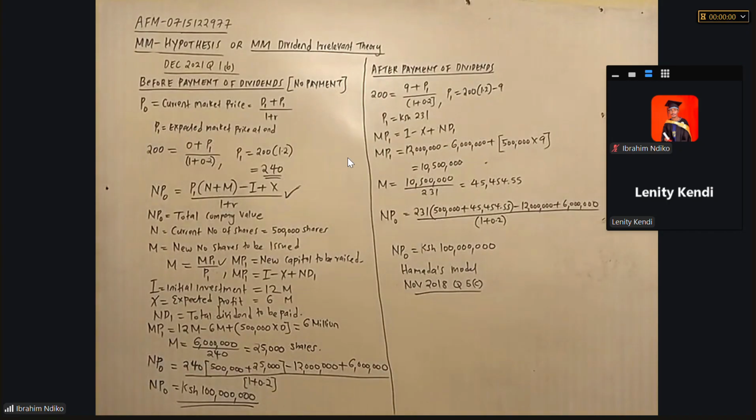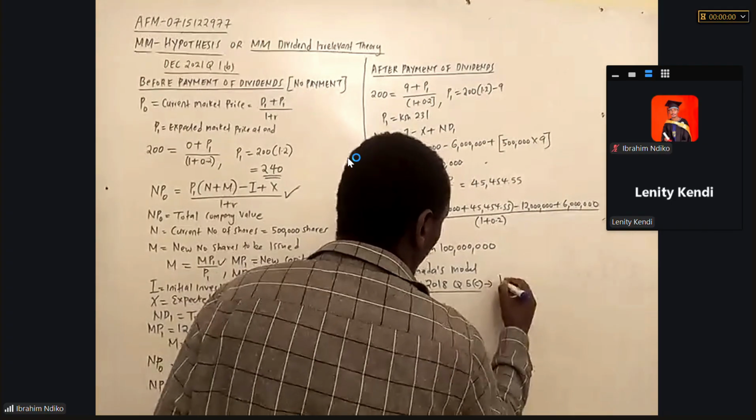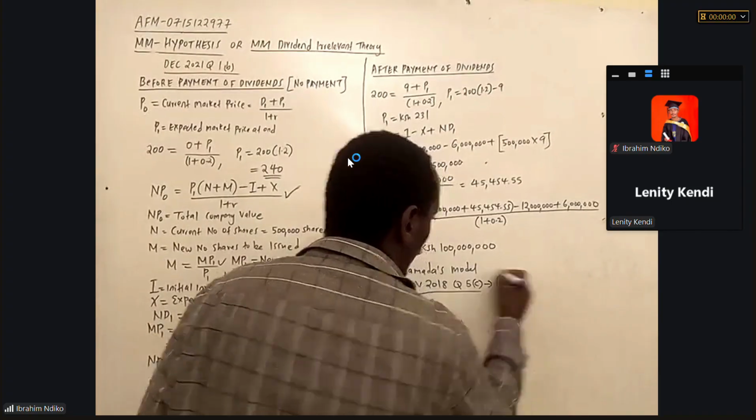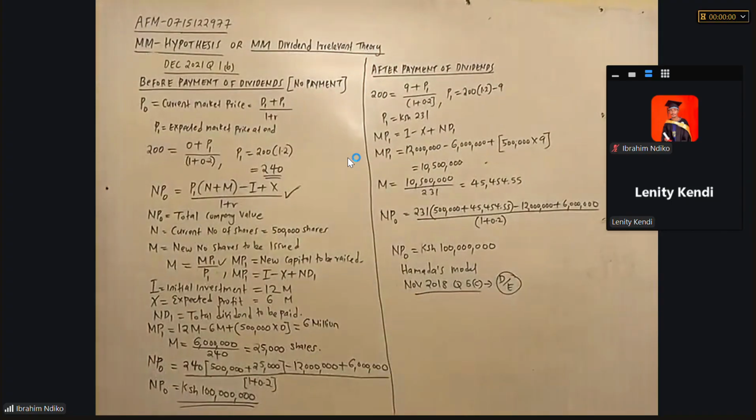November 2018 question number 5C. The trick here is the ratio D over E. They confuse you a little, so you need to know which one is D, what the value of D is, and the value of E. Okay? So that will mark the end of Hamada's model together with MM hypothesis and MM4 financial distress.